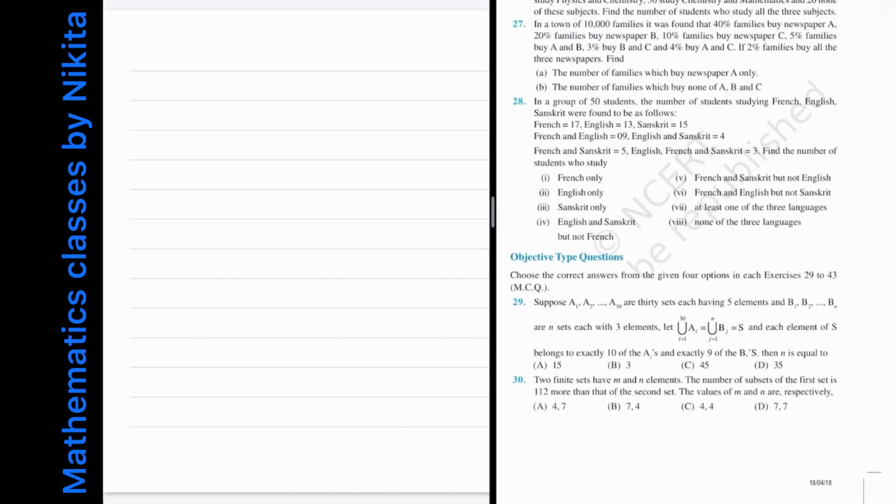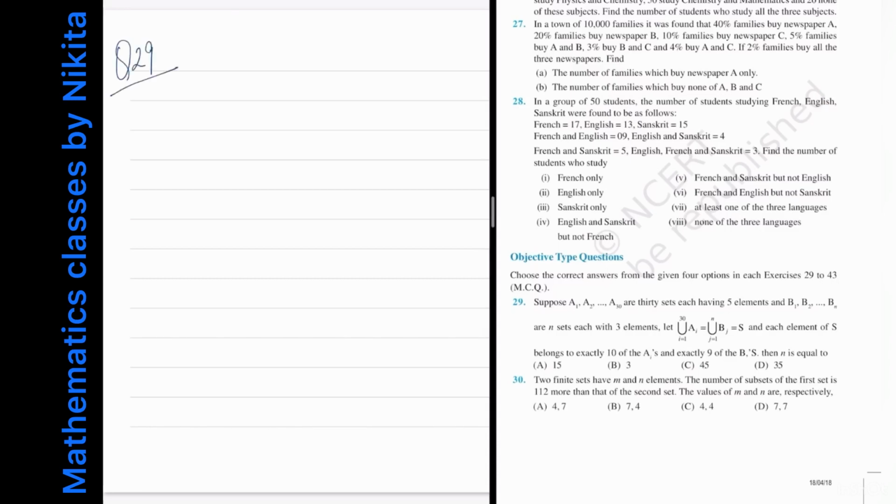Let union of Ai, i varying from 1 to 30, is equal to union of Bj, j varying from 1 to n, is equal to S. So basically both the unions are equal and the union is equal to the set S. And each element of S belongs to exactly 10 of the Ai's and exactly 9 of the Bj's. Then you have to find the value of n.